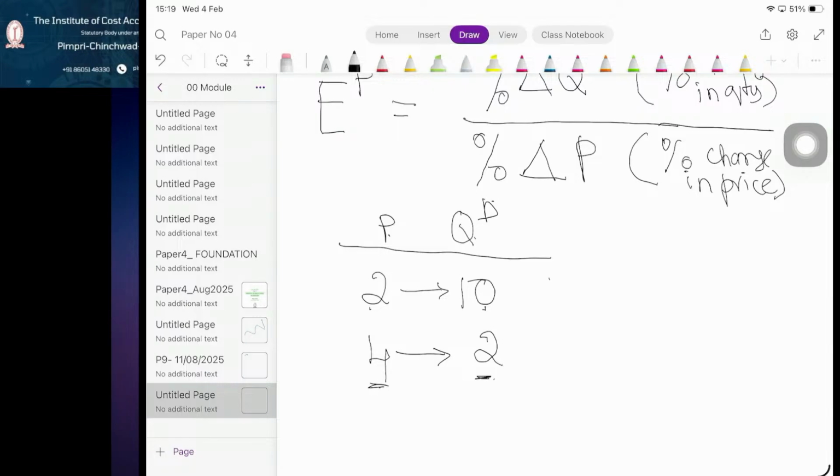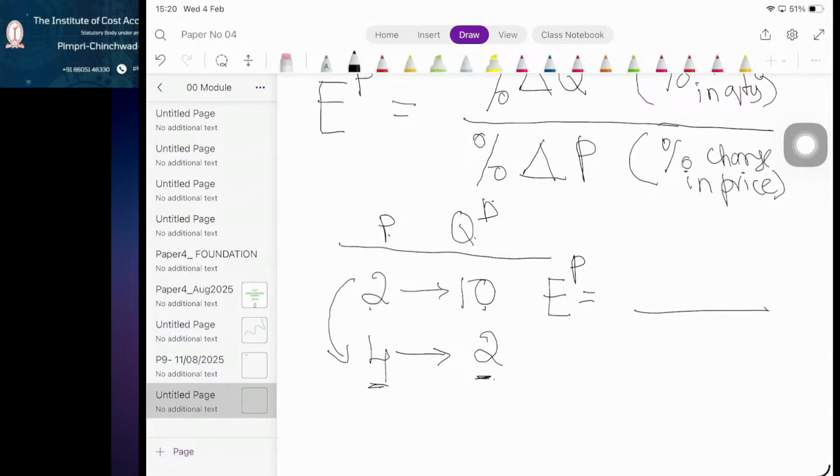Can you all do that? Calculate the price elasticity of demand. Remember, the numerator is percentage change in quantity demanded, and denominator is percentage change in price. So think like this. Suppose the price is going up from 2 to 4.